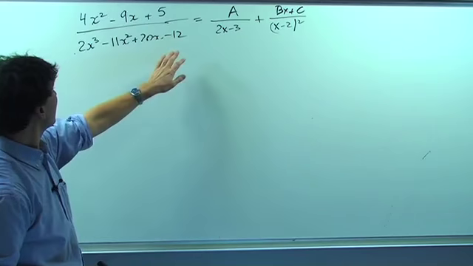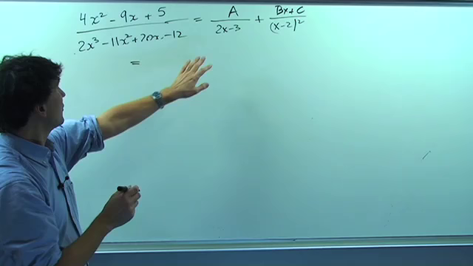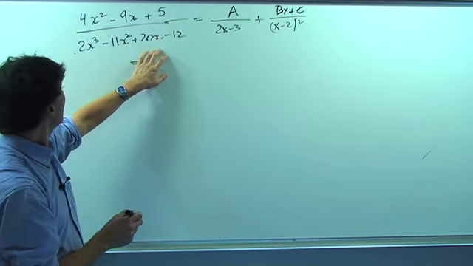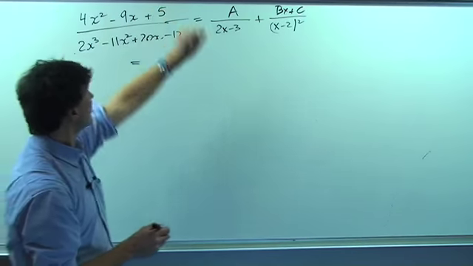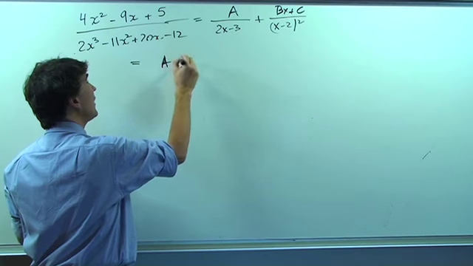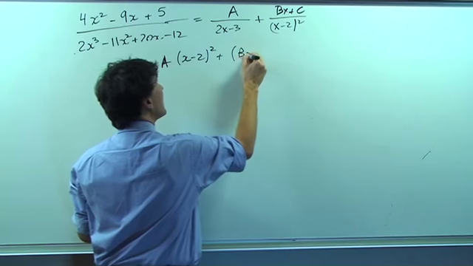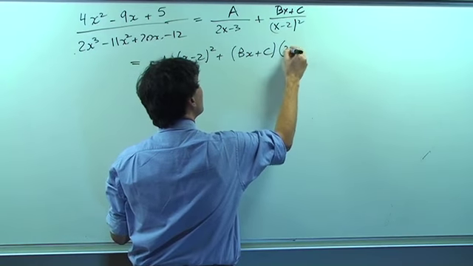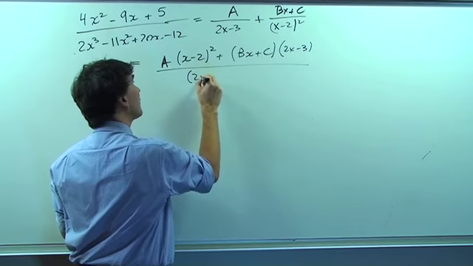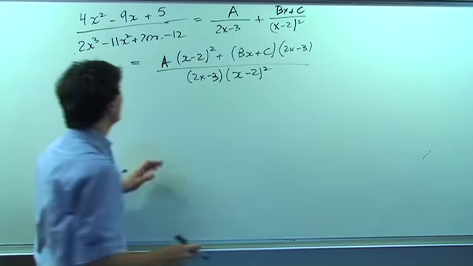The way we proceed, as with all partial fractions problems, is you put everything back over a common denominator, and then you try and choose a, b, and c so that the polynomial here on the left is going to be the same as the one on the right. So that is a times x minus 2 squared plus bx plus c times 2x minus 3, all divided by 2x minus 3 times x minus 2 squared.